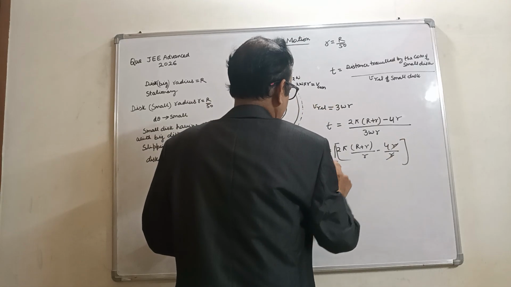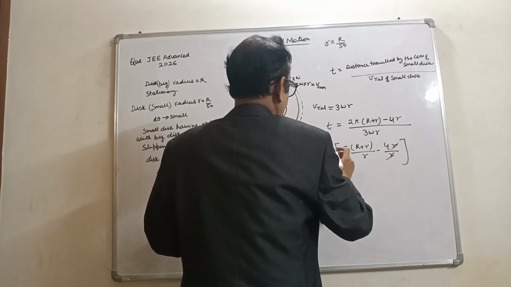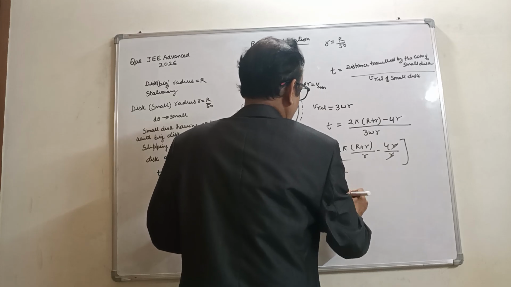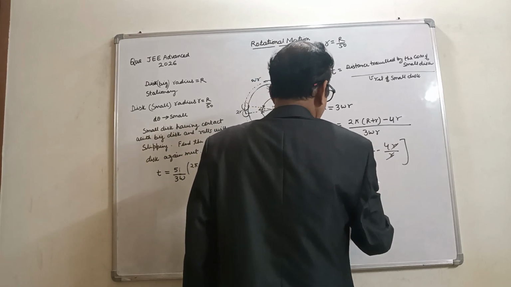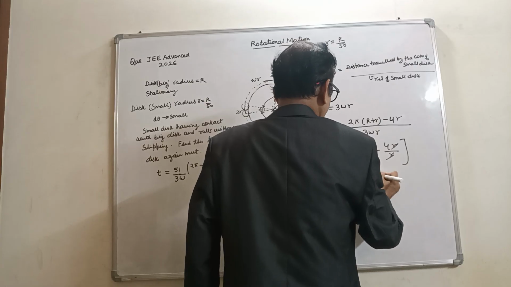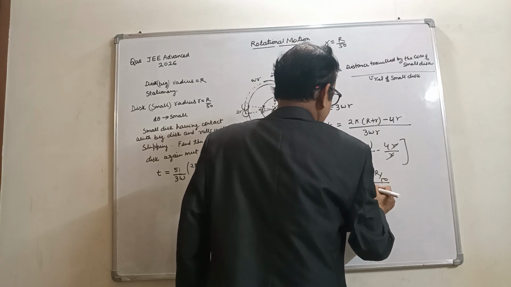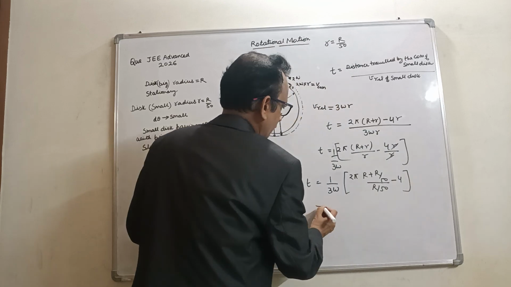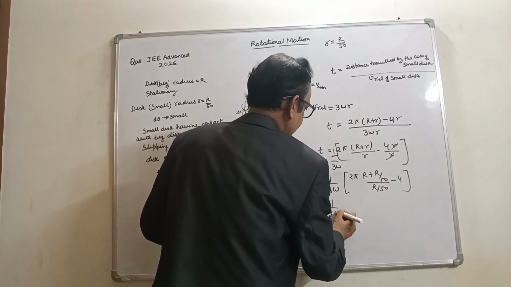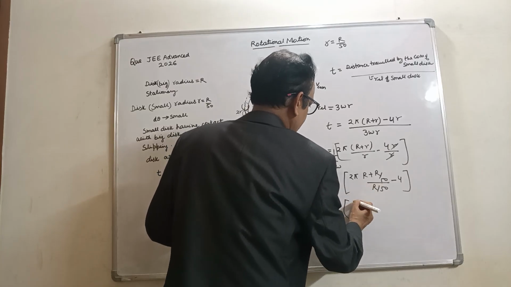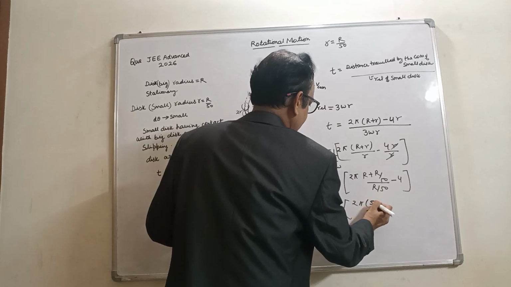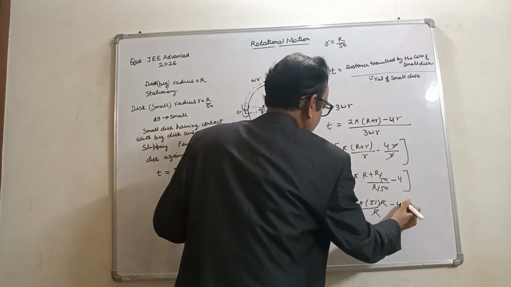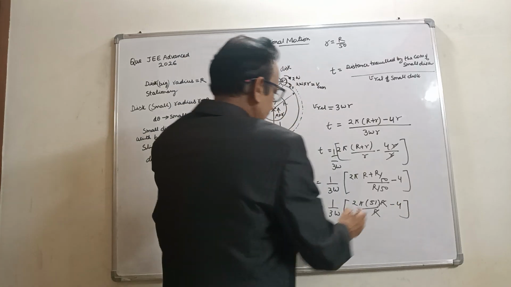So t becomes 1 by 3 omega, and the value of r is r by 50, so this would be 2 pi into 51 minus 4, and r cancels out.